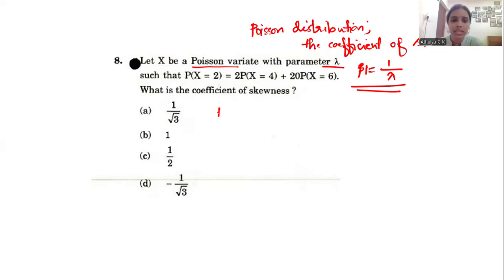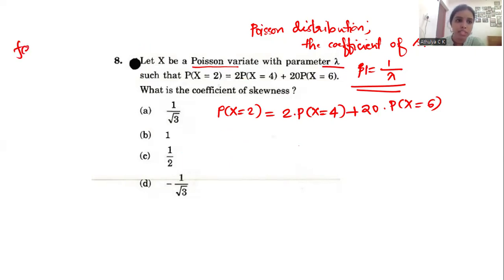So let's write the condition again. That is P of x equal to 2 is equal to 2 times P of x equal to 4 plus 20 into P of x equal to 6. As we did in the previous question, let's expand using the conditions given. For that, we know that f of x is equal to e raised to minus lambda into lambda raised to x divided by x factorial, right?